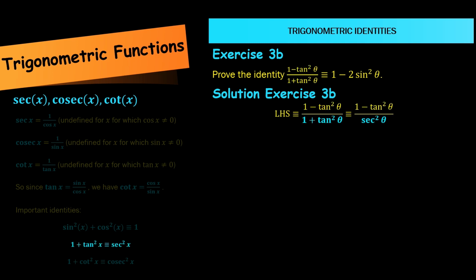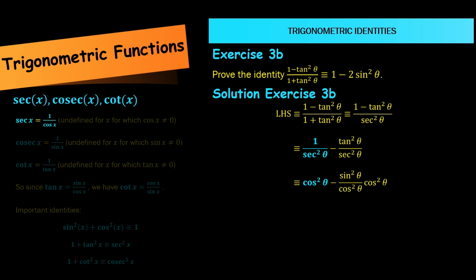Notice that 1 plus tan squared is identical to sec squared, so we replace that as shown. And then we split the fractions to give 1 over sec squared minus tan squared over sec squared.